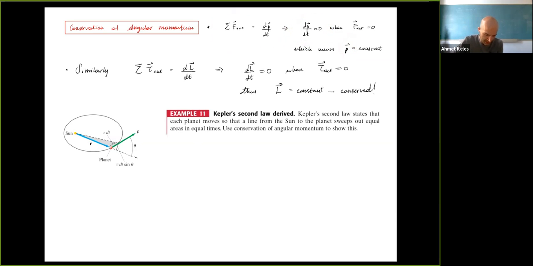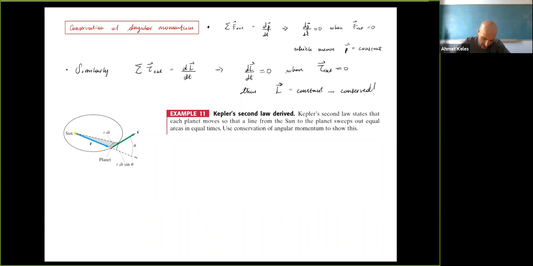Here we can do the same thing. If tau external as a vector is 0, then L as a vector is constant. It has 0 derivative, and that implies a conserved angular momentum. Maybe we can see this in practice by using Kepler's second law.